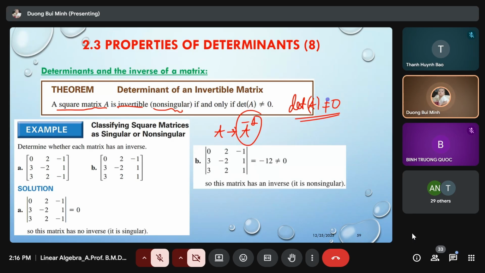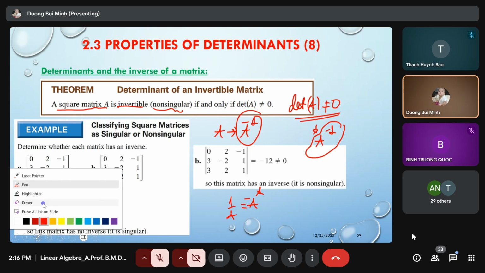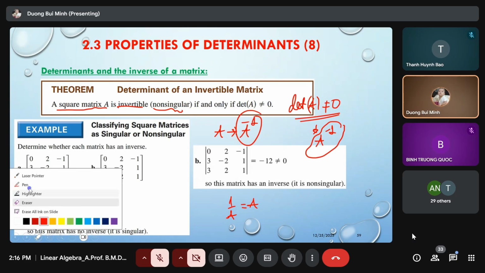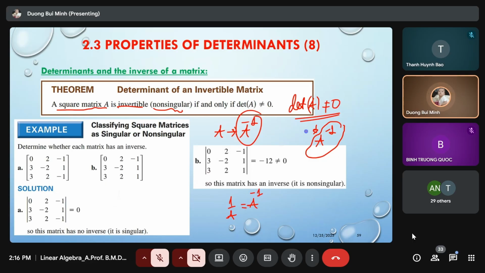If the determinant is different from 0, you can find the inverse of A.